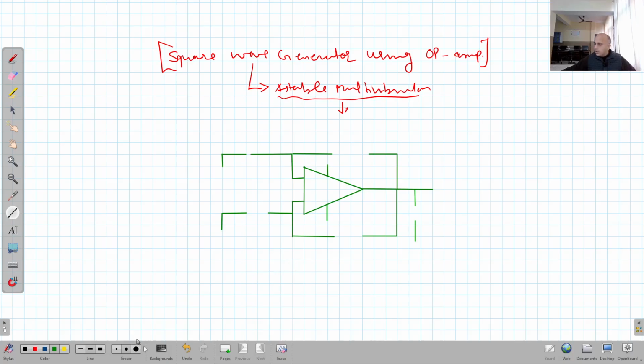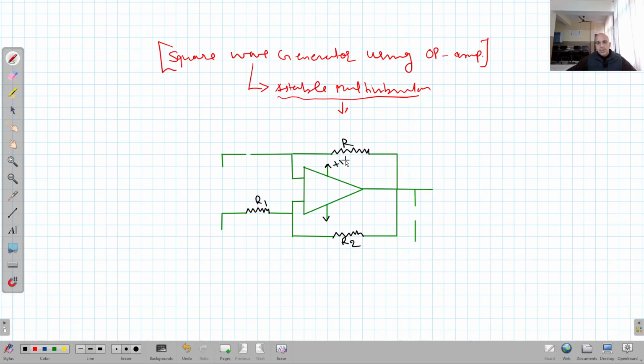Now I am going to introduce various components in the circuit. So, I will say, feedback resistor R, and this is again a feedback resistor, that is R2, and this is R1.